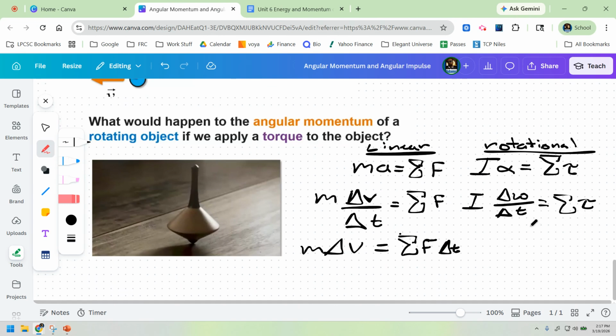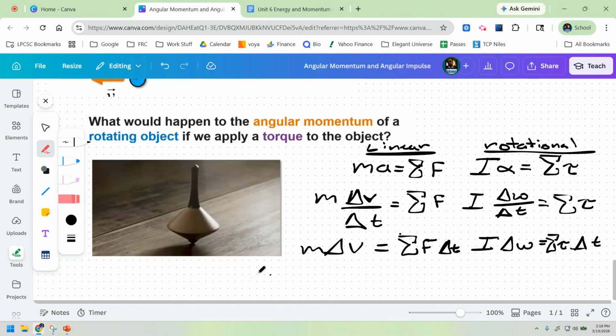And if I do the same thing over here, I'm going to get the rotational inertia times the change in angular velocity equals the sum of all the torques, the net torque is a better way to say it, times delta t.